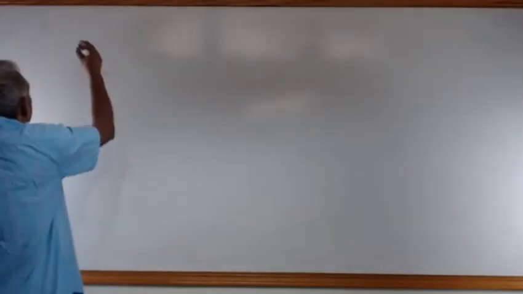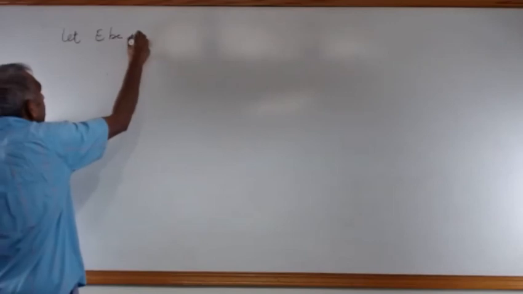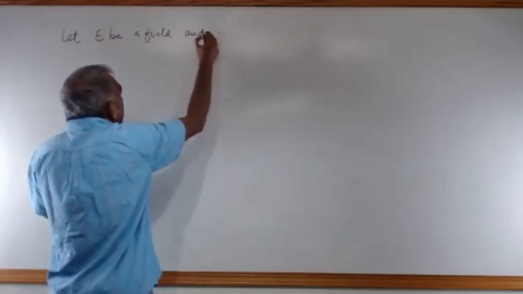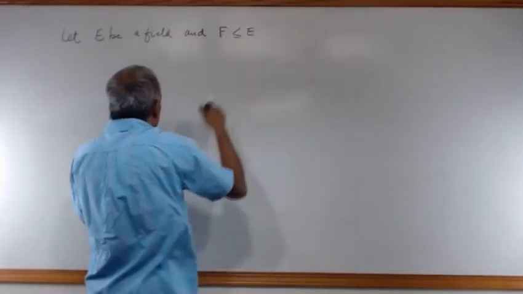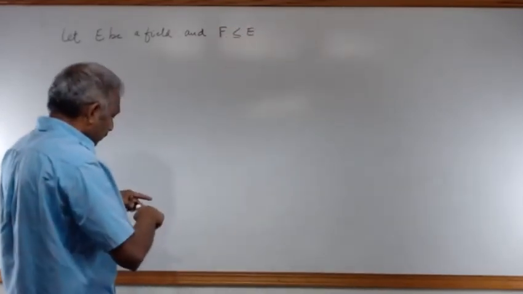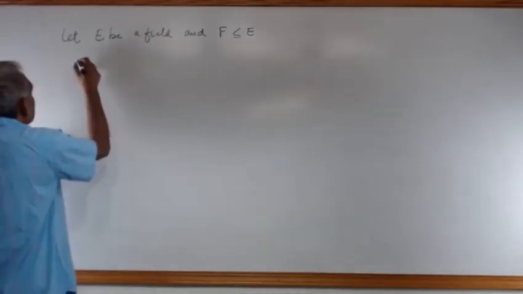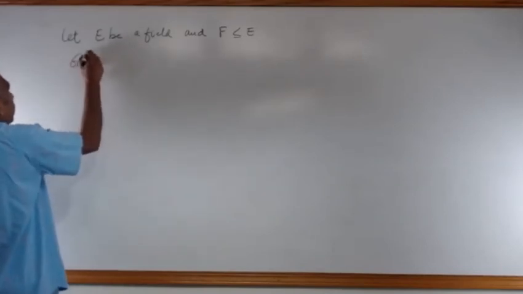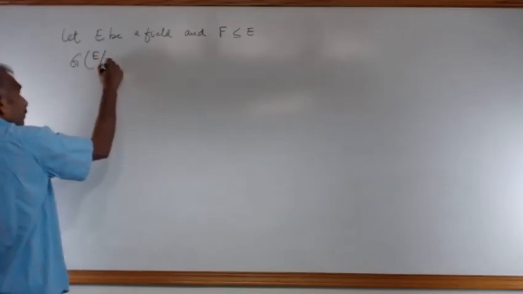So let E be a field and F a subfield of E. Now what is the group G of E over F?